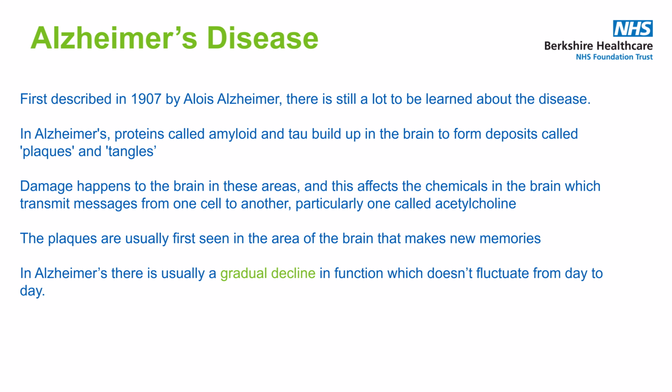And this particularly happens in the area of the brain that makes new memories, in the hippocampus. What we also heard is that in Alzheimer's there tends to be a gradual decline in function, which tends to not fluctuate from day to day.